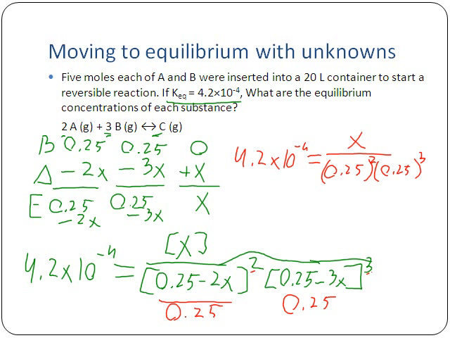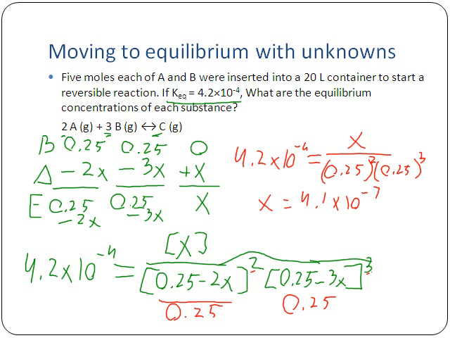Then we're going to multiply that up, so times 4.2 times 10 to the negative fourth. And if we do that, we get something that's a really, really tiny number. Let's see if I can count my decimals over: 1, 2, 3, 4, 5, 6, 7. So I get that x is equal to 4.1 times 10 to the negative seventh.